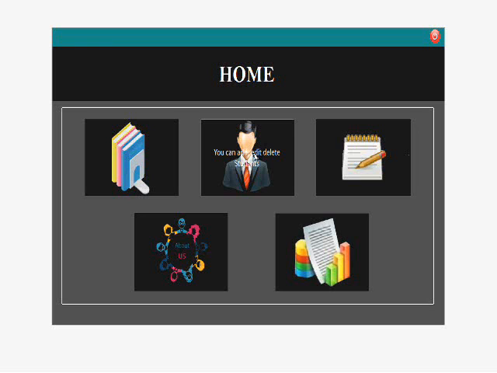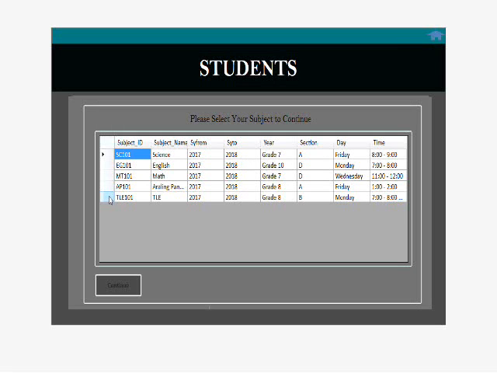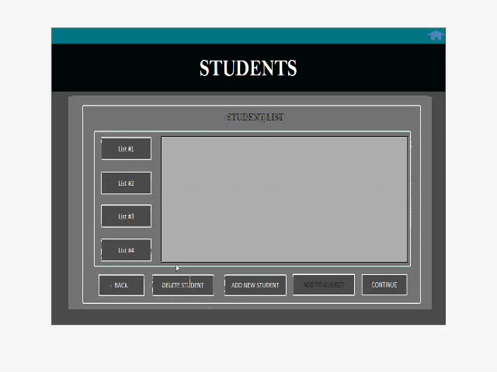And then after creating our subject, we have to create a student. So just click this student-like button, and it will bring us to our student. First we have to select our created subject and then click continue.